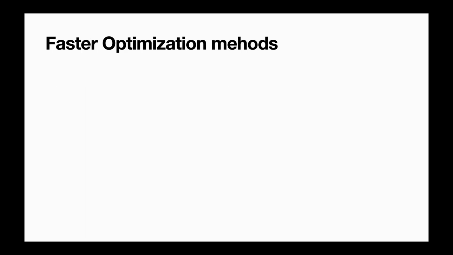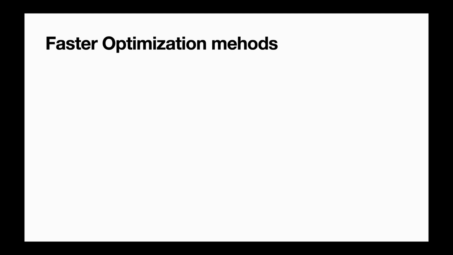Another way to deal with the issues of deep neural networks is that convergence time is important, because you have a very deep model and you want to make sure it doesn't overfit. Besides all of the other things we have discussed, you can use better optimization methods.